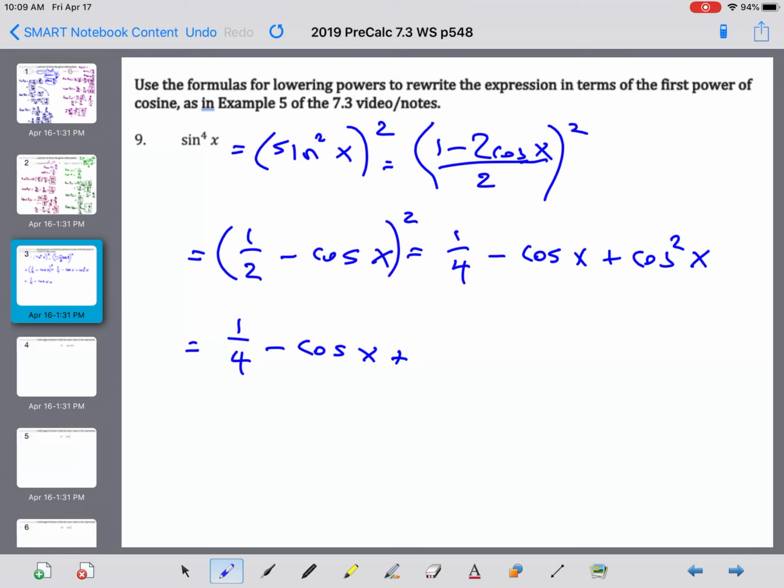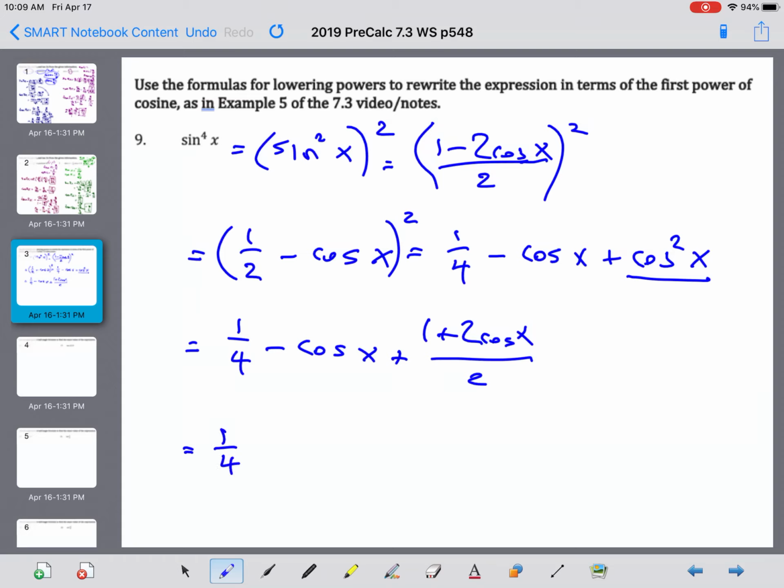Sorry about that. In this case, with this, gives me a fraction, but it's 1 plus 2 cosine x over 2. And we are now almost done because I can simplify.